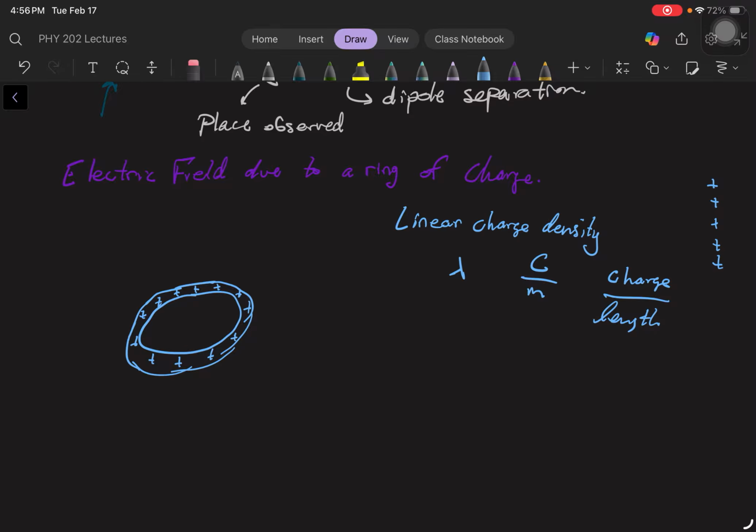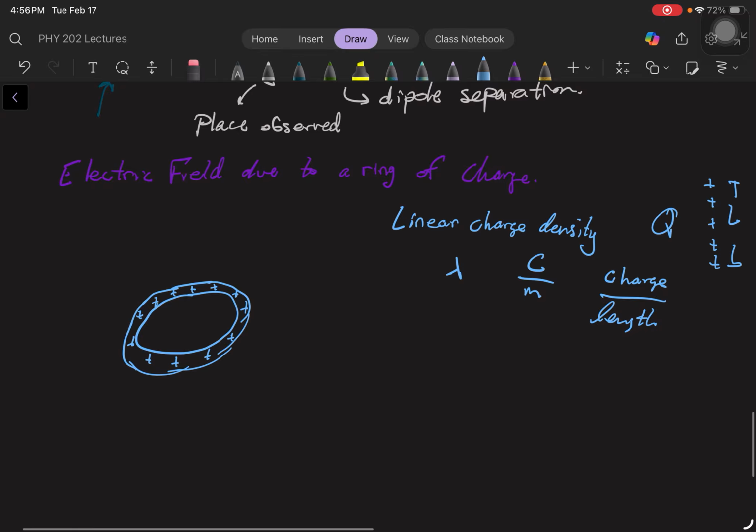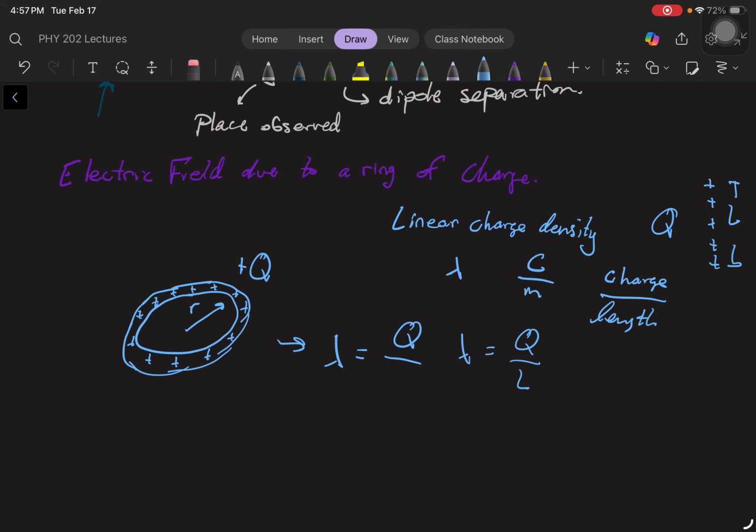Say this has some net charge Q, some length L, then we would have lambda is equal to Q over L. Right? If we have a ring of charge like we have here, let's say there's some net charge Q, let's add some radius R, we would say lambda is equal to Q over 2 pi R for the circumference of that circle.